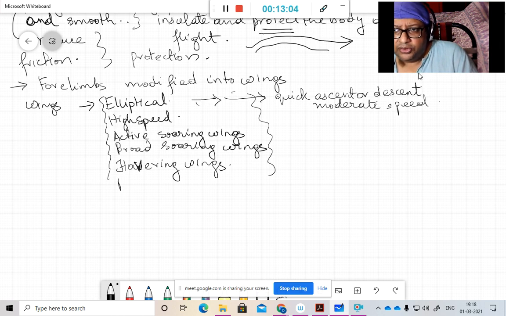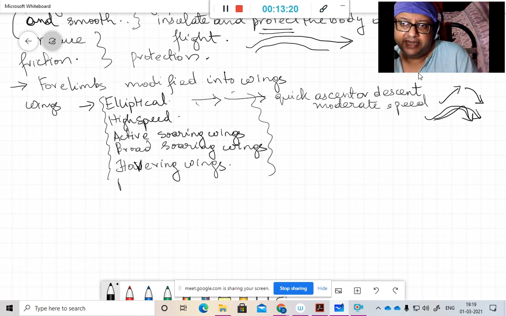They need to fly very fast and then they need to sit very fast. For example, in sparrows, crows, ravens, when there is food they suddenly fly fast and then land fast. They can take off very fast and land very fast. So their wings are elliptical.